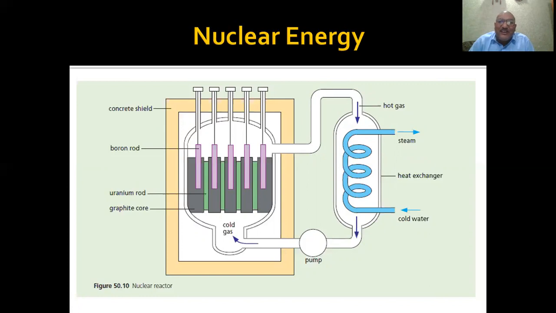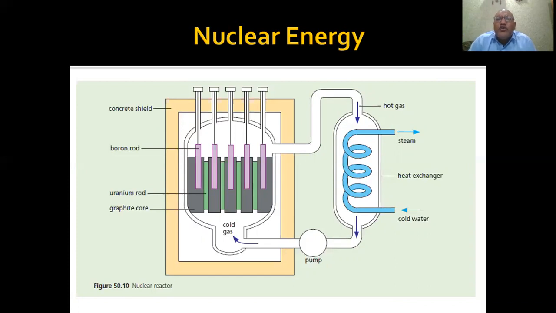In the last slide, I told you that the chain reaction starts, and if you do not control it, it will get out of your hand. It will be like a bomb. So the same process we are doing here, but we are controlling the neutrons. When the fission of the first uranium nucleus takes place, neutrons are produced.